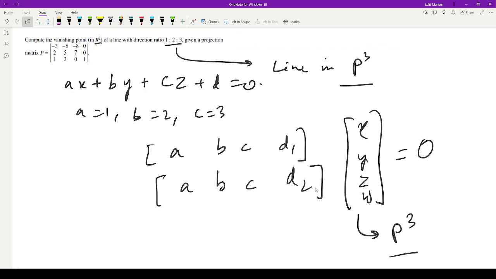If there exists a point which lies on the two lines, then the cross product is 0, but here you can't take cross products. I'll clarify this specific thing in the next session. So we'll just proceed with the question for now.